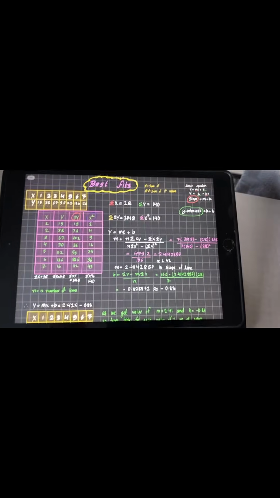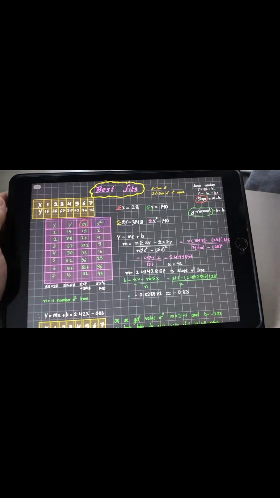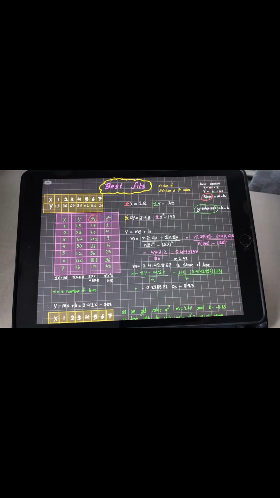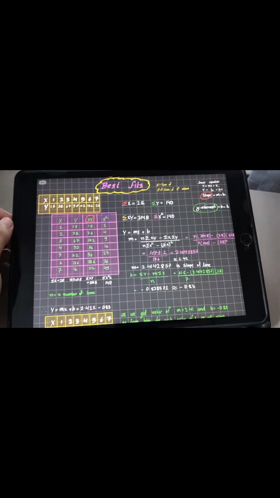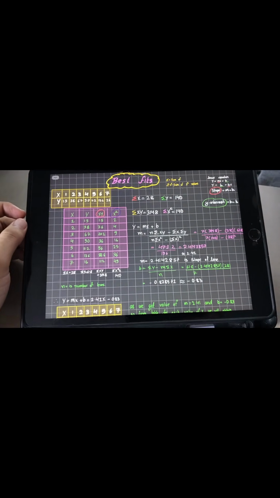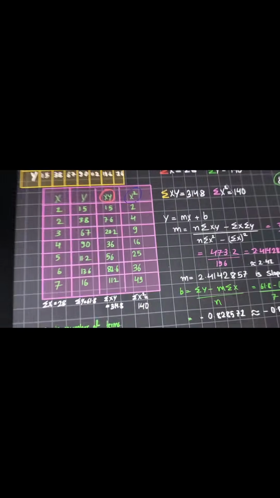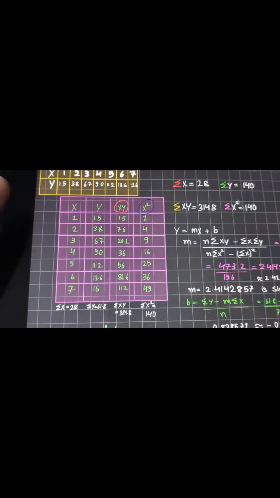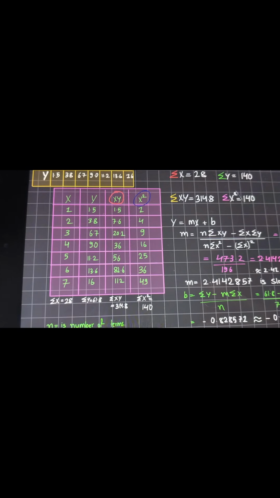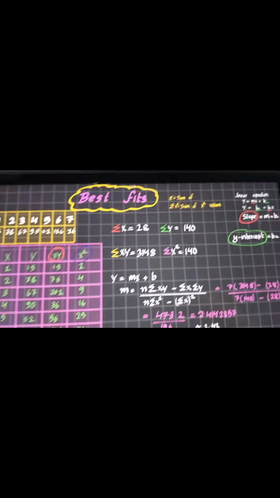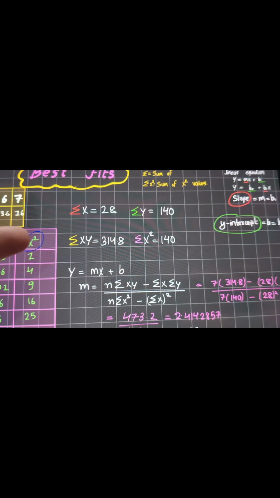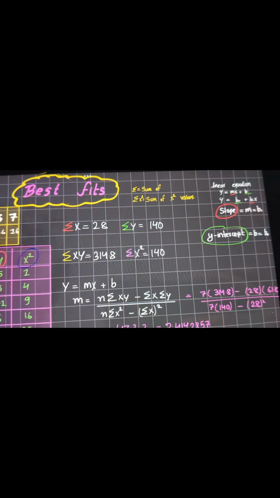Here is one simple example where we have certain values of x and certain values of y. At first we made a table with columns x, y, xy, x square, and we get the summations: summation of x, summation of y, summation of xy, summation of x square.